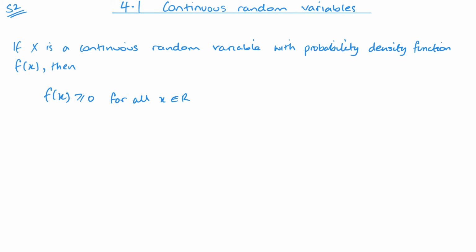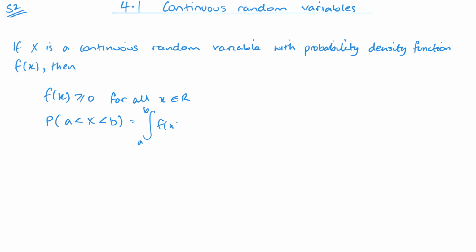The second thing then is the area under the p.d.f. That's what you're going to find your probability. So if I want to find the probability between two values, a and b, then that's going to be the area under the graph between a and b.